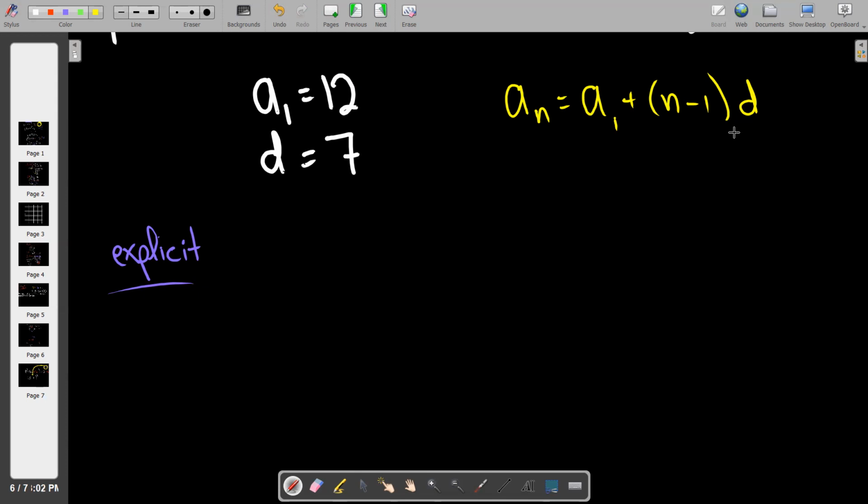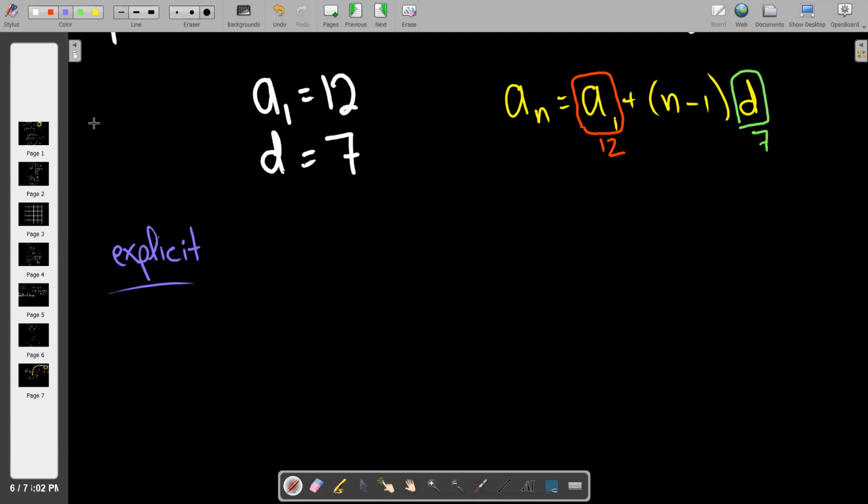There it is. So what we're going to do is replace this red box with what number? And we're going to replace this green box with what number? And just like that, you will have yourself the explicit formula for the mystery sequence that was on the board.